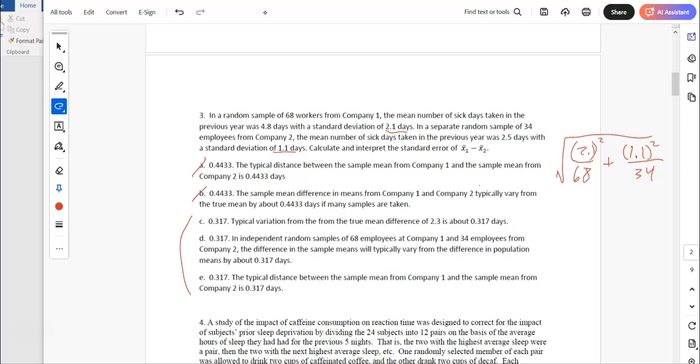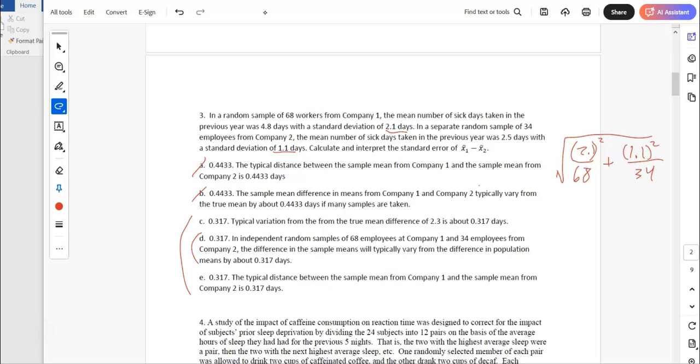So typical variation from the true mean difference of 2.3 is about 0.317 days. It's not terrible definition there. It's really basic. I wanted to say, I believe in repeated random samples or random samples of those sizes, which D looks better in that case.